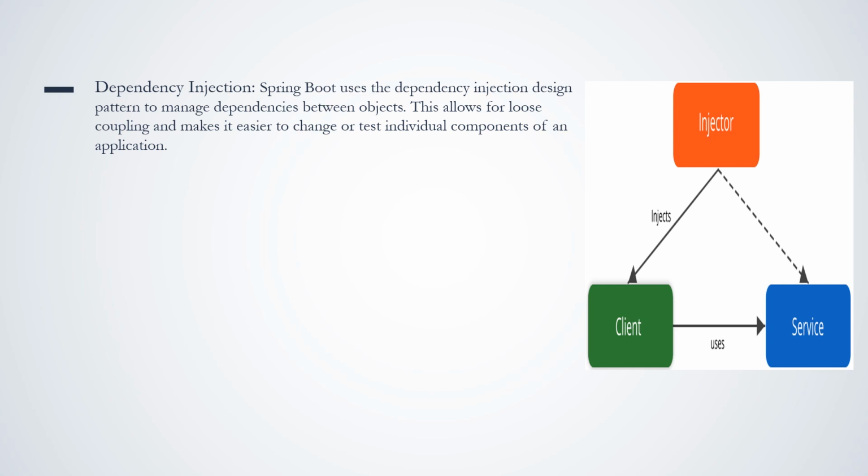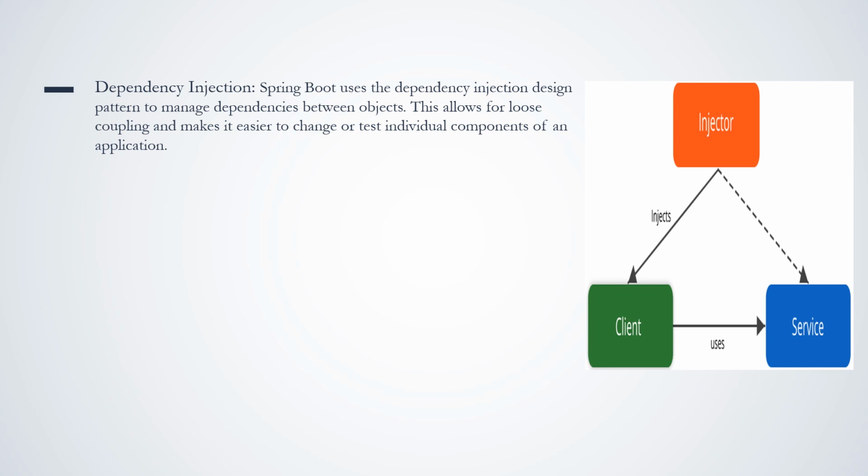This allows for loose coupling and makes it easy to change or test individual components of your application. In that way, Spring Boot is a really handy tool for building Java-based applications. It makes it easier to manage the relationship between different objects in your code through dependency injection.